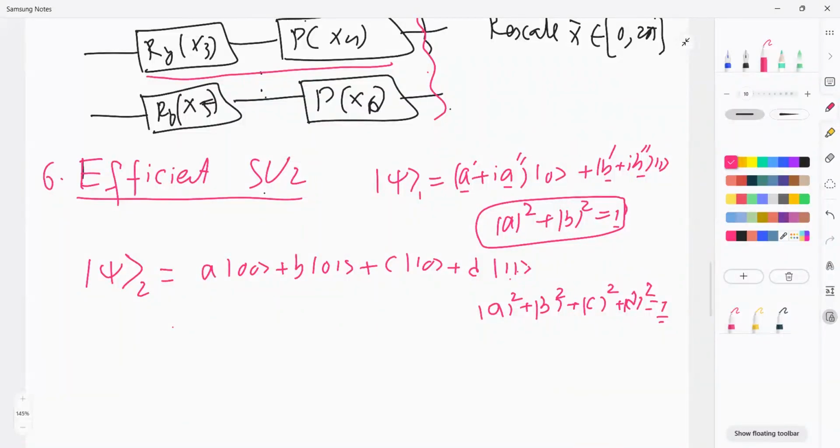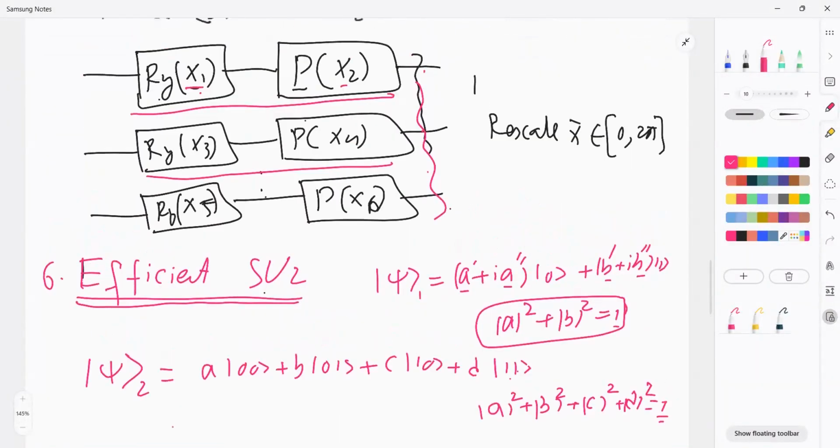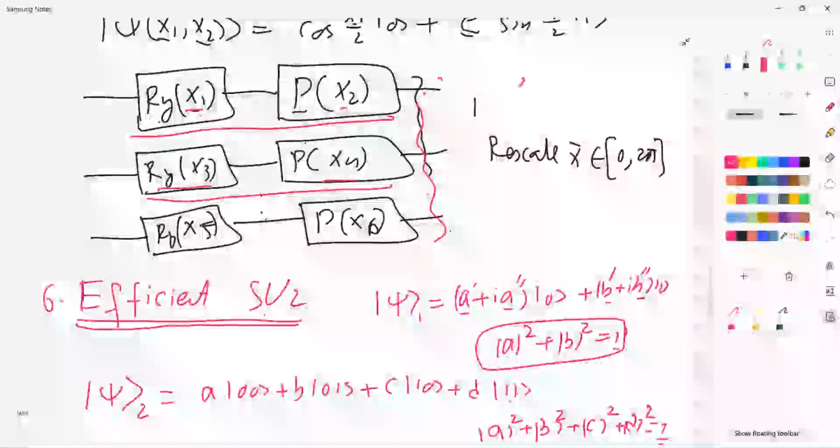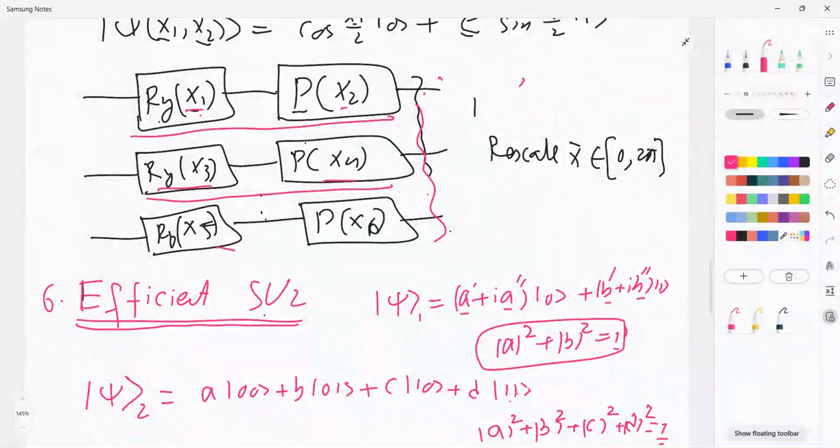So this efficient SU2 takes advantage of this. What it does is try to encode as many parameters into the state as possible. And then, of course, if you start repeating the encoding, for example, even here, I can put this block right after this block as well. And I can encode more parameters into this qubit, and maybe I can put this block again on the same first qubit.